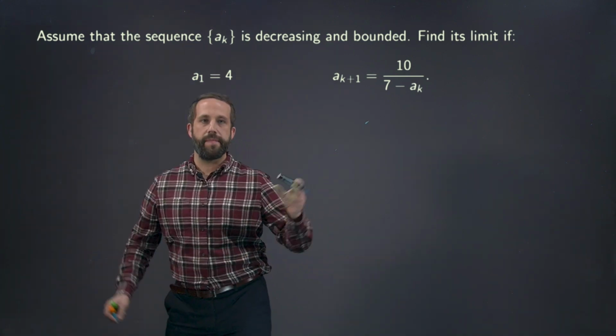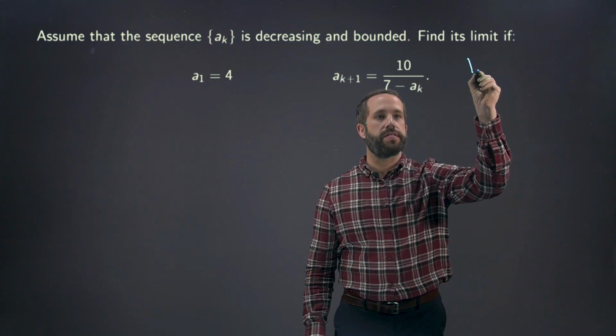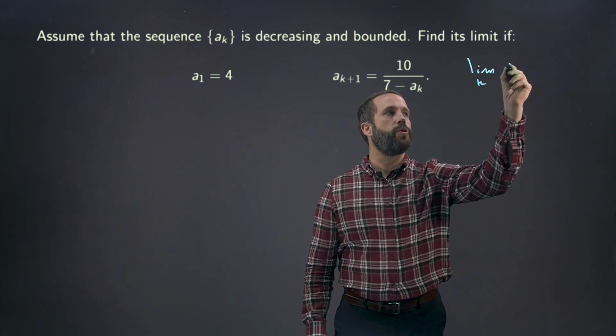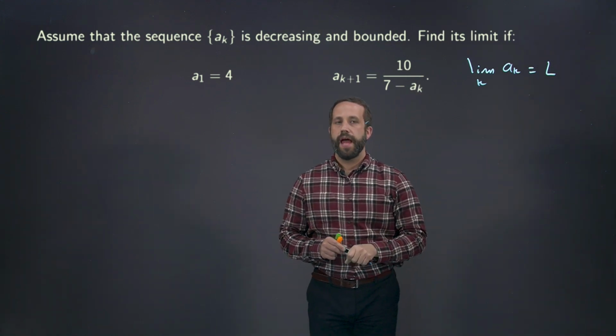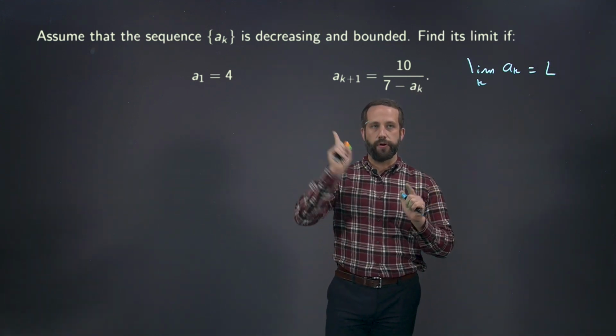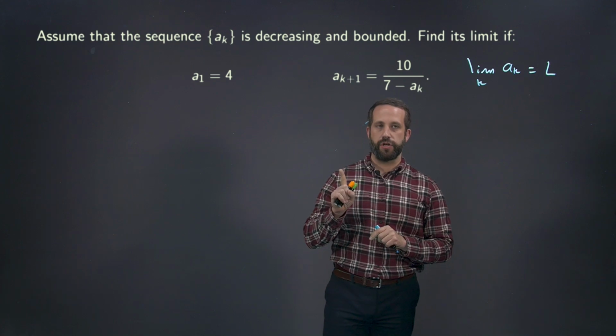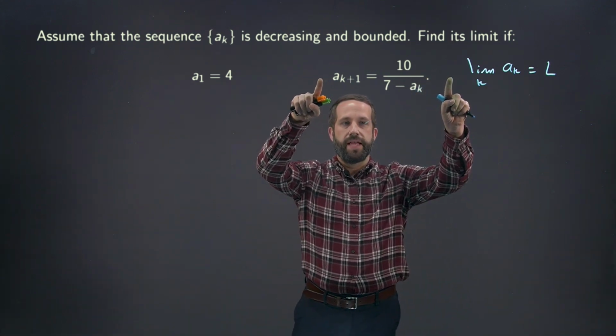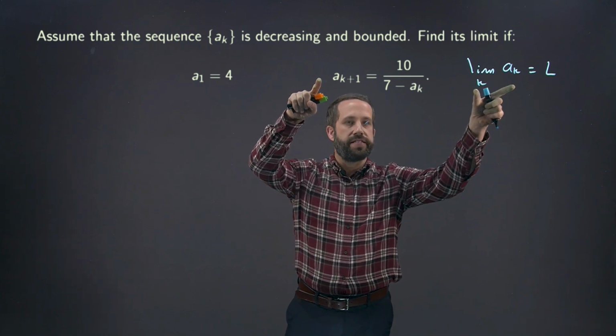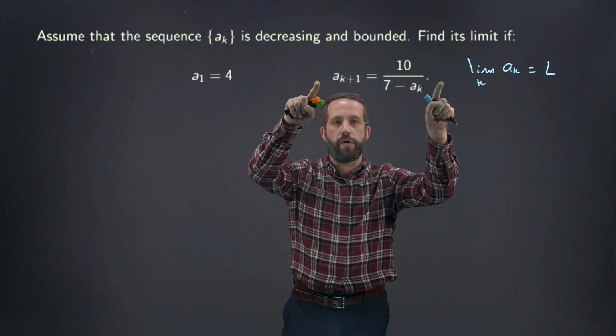It tells us that the limit as k goes to infinity of A_k exists, and we're going to call it L. And the decreasing part is going to tell us a second thing in just a moment, but we'll come to that. I'm going to look at this. If this exists, I'm basically going to take the limit of both sides.